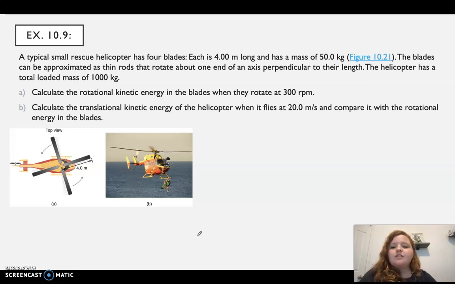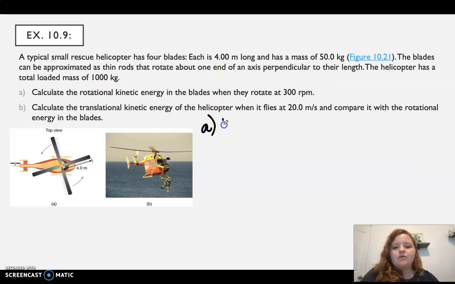The blades can be approximated as thin rods that rotate about one end of an axis perpendicular to their length. The helicopter has a total loaded mass of 1,000 kilograms. The first part says calculate the rotational kinetic energy in the blades when they rotate at 300 RPM.